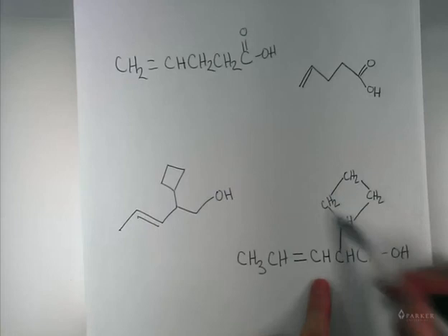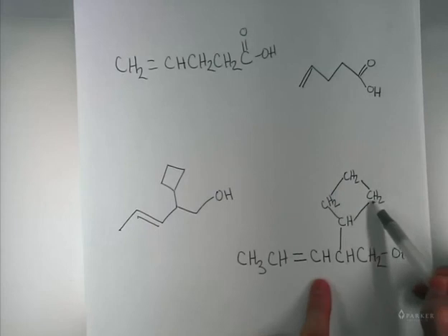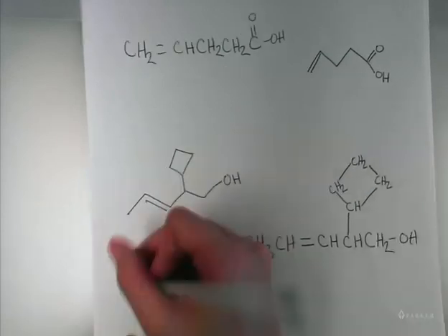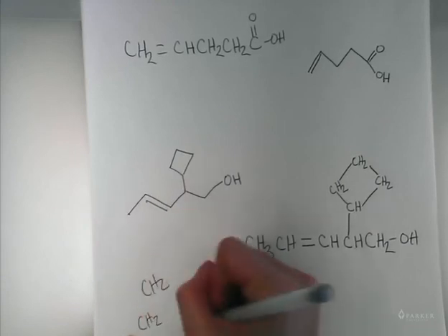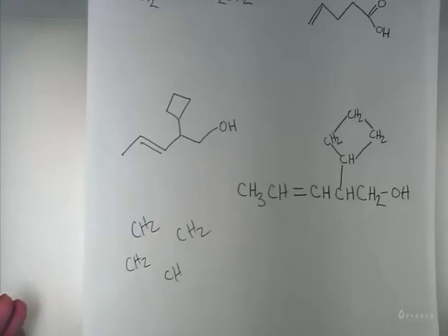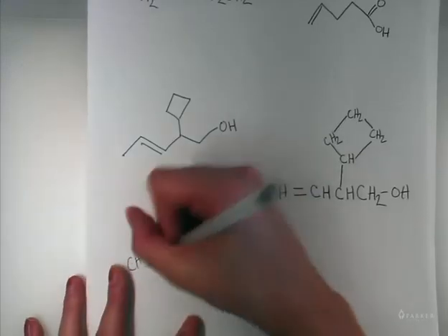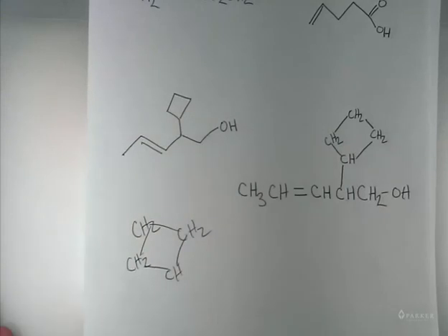Your cyclics, you have to draw the lines in between them, because if I just put CH2, CH2, CH, CH2, it's kind of confusing what you're trying to say there. So if it's cyclic, you always connect them with the lines.